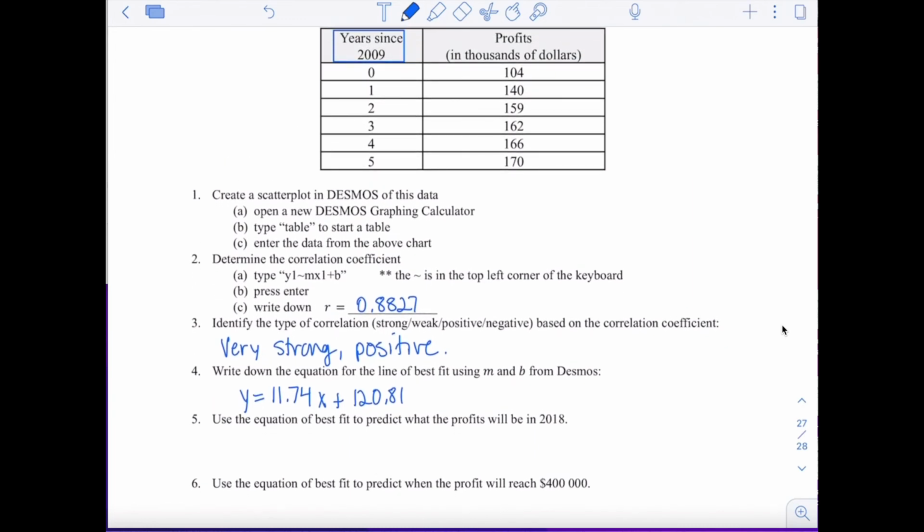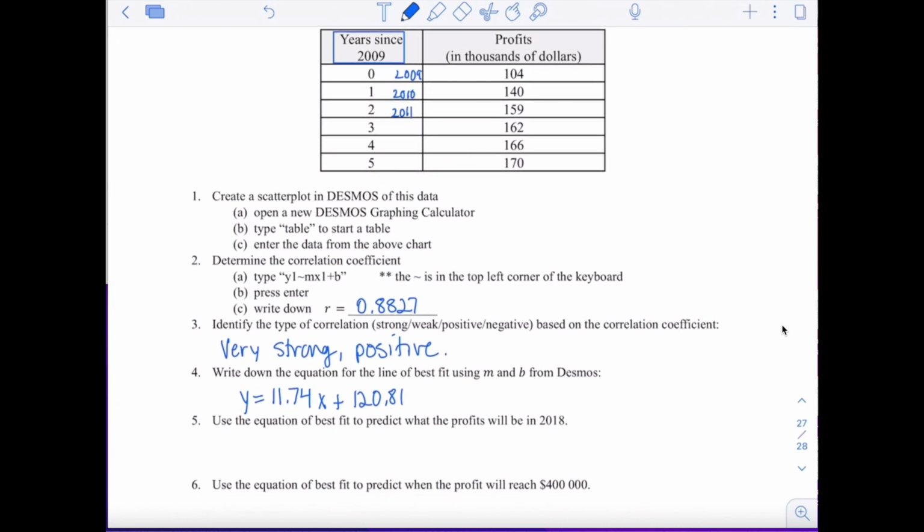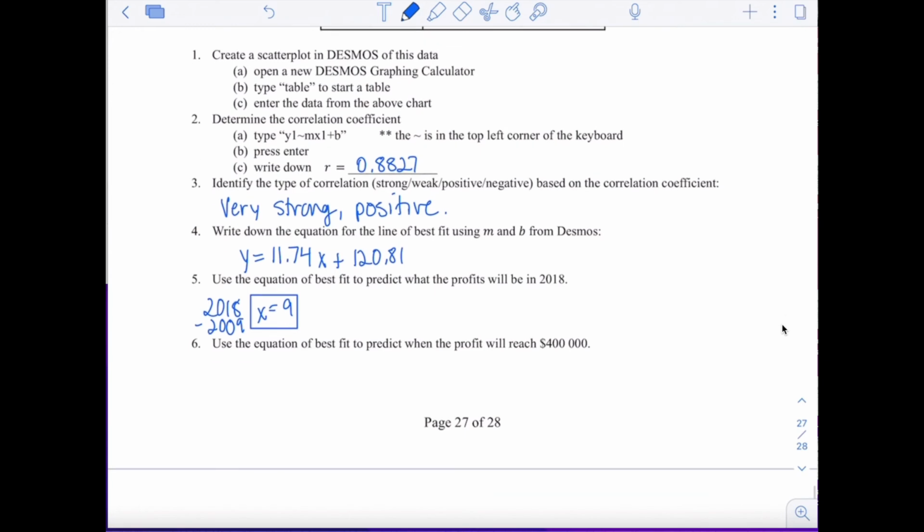So this is 2009, 2010, 2011, etc. So I know that 2018 would have an x value of 2018 subtract 2009, my x value would be 9.